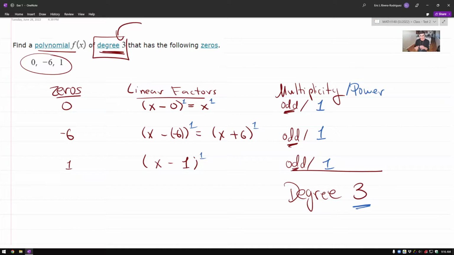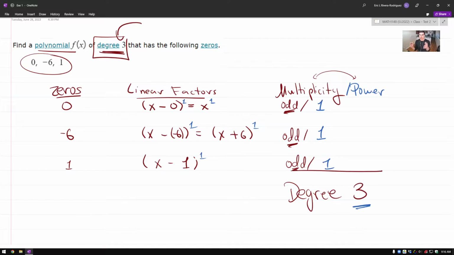The category of the multiplicity here is not so important because we are not working with the graph. Remember that the multiplicity has an effect on the graph behavior at the x-intercept. But as a reminder, multiplicity and power are related because the power of the linear factors is directly related to the multiplicity of the zeros.